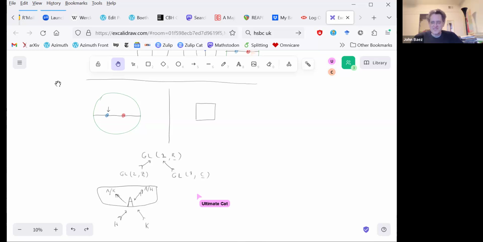But anyway, what we'd get here if we did this weak pullback in the specific example is the groupoid of two-dimensional real vector spaces with a lattice in it and with a complex structure on it.